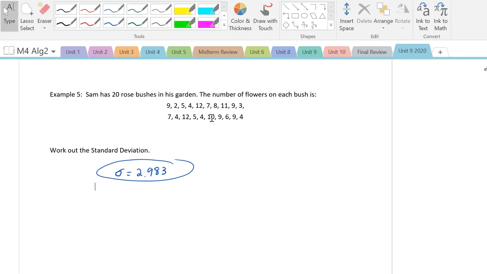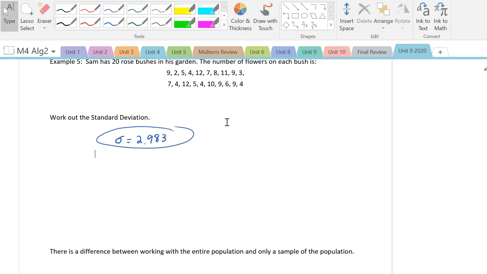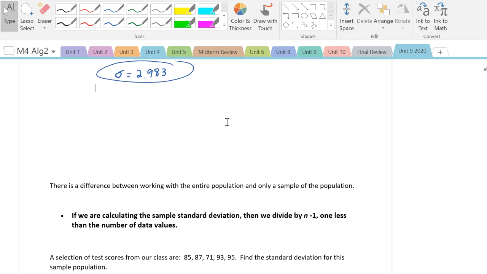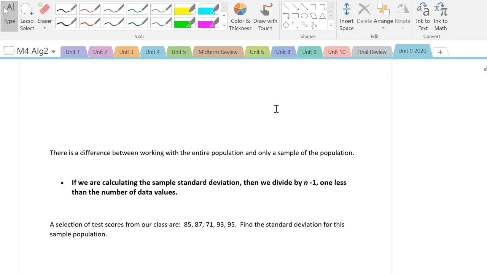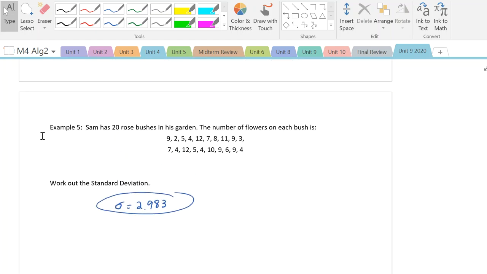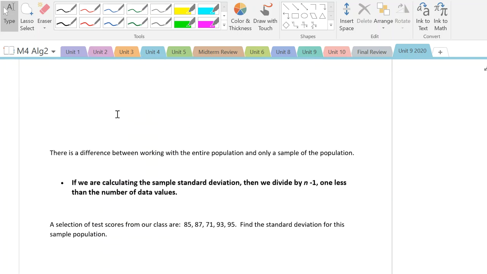I've made a big deal about this, but there's a difference between working with the entire population and only a sample of the population. This was his entire garden, all 20 rose bushes. He didn't have more than 20 rose bushes. A sample would be if he selected 20 of the bushes in his garden of 100 and tried to extrapolate that data to a larger set.